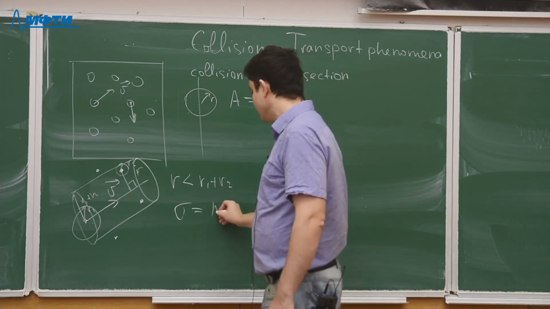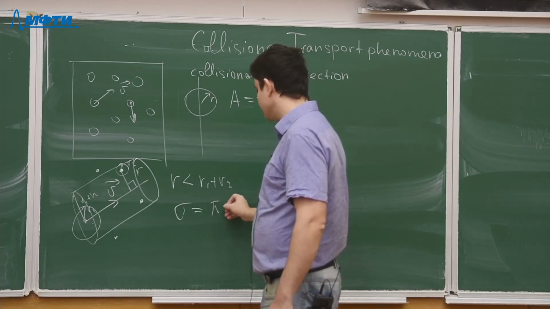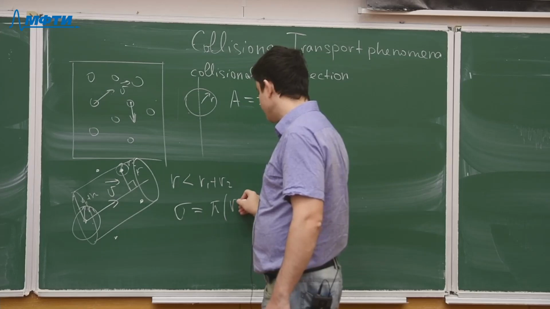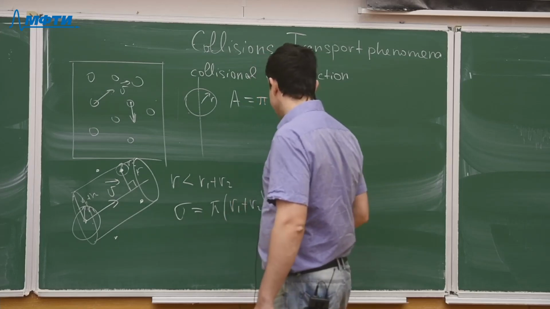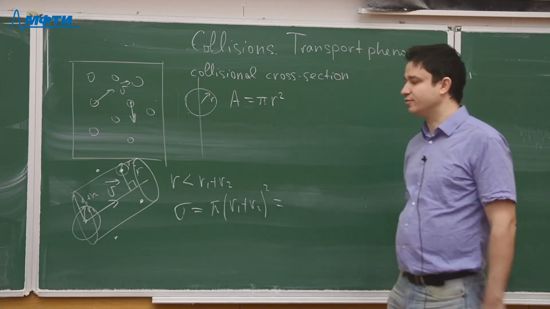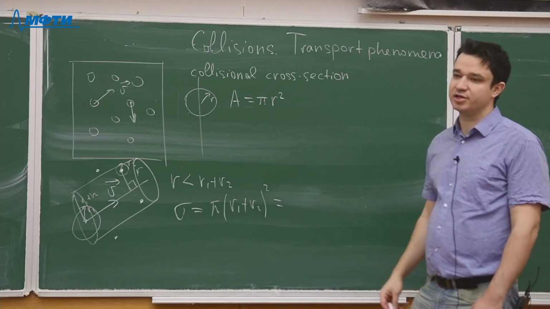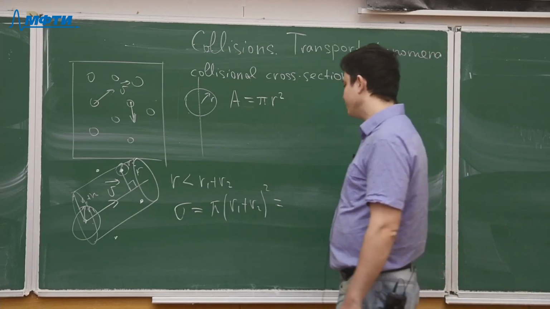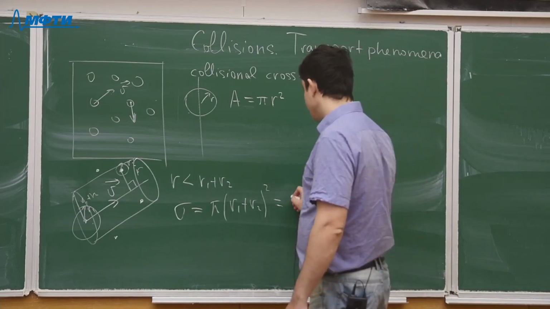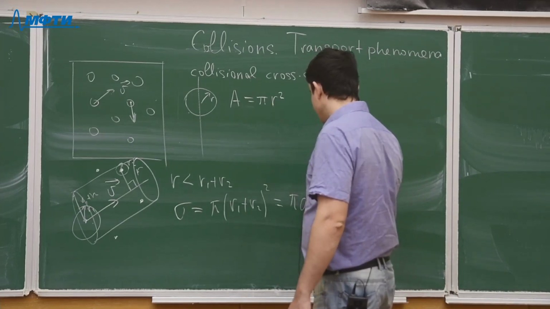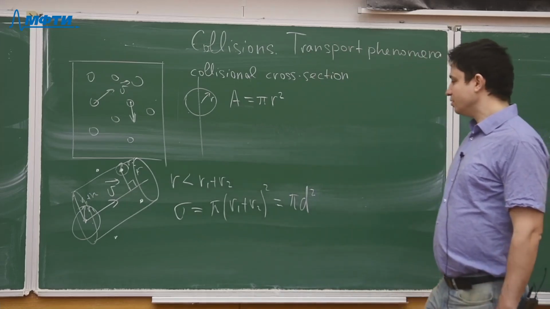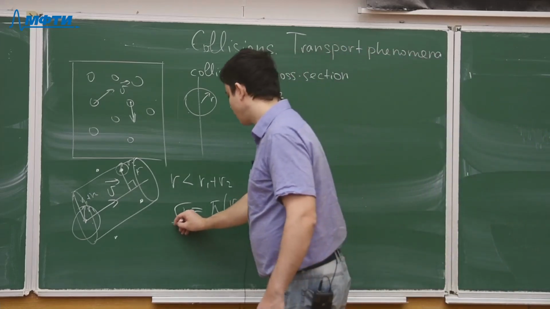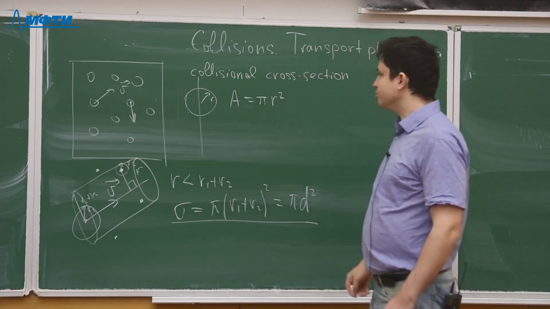So this collisional cross-section is given as pi times (r1 plus r2) squared. And of course, in the case when r1 equals r2, when all the molecules are identical to each other, it can be calculated as pi times d squared, where d is the diameter of the single molecule. That's the first concept I'm going to introduce.